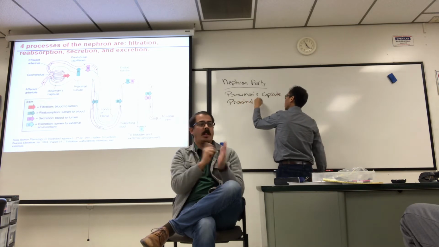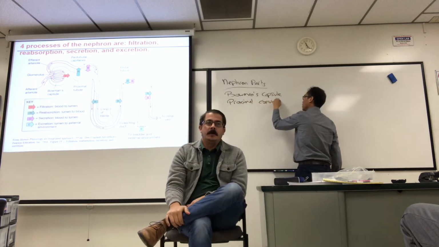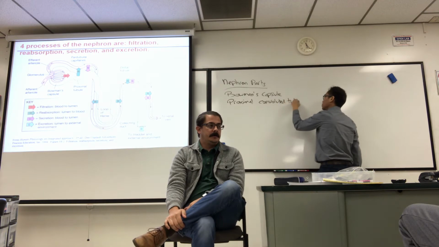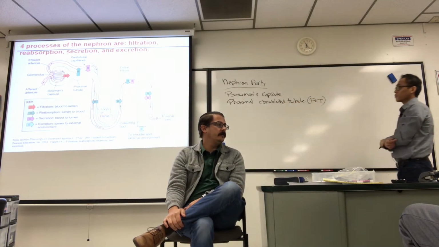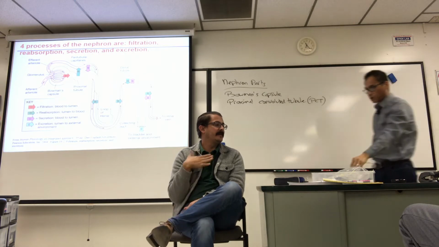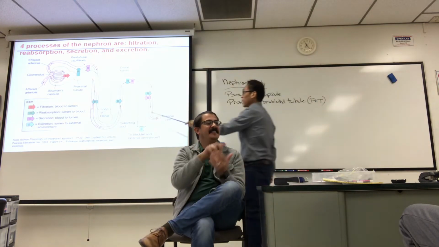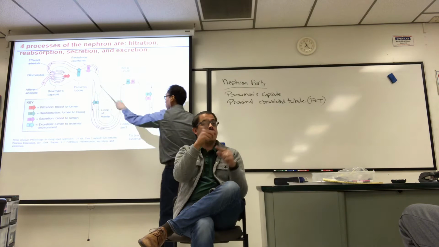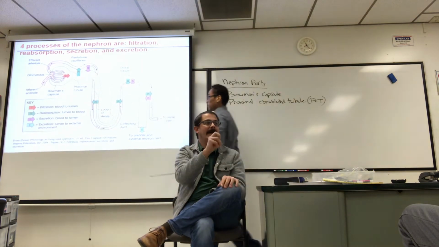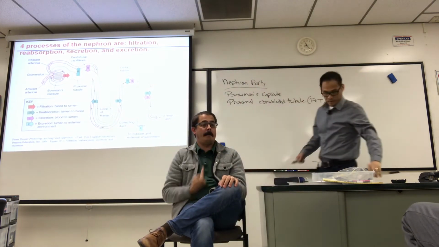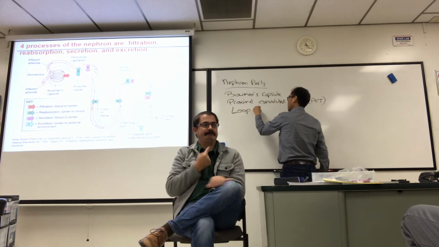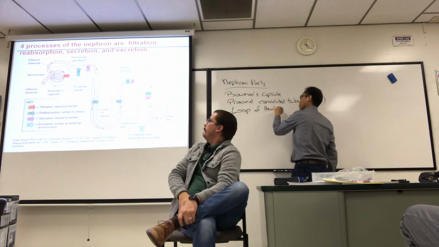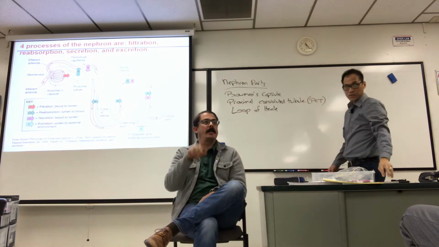Proximal convoluted tubule, PCT. You can see that there's this nephron loop. I still call it the loop of Henle. Proximal tubule, loop of Henle. It goes down and up. It's a hairpin loop. That's continuous with the distal tubule.